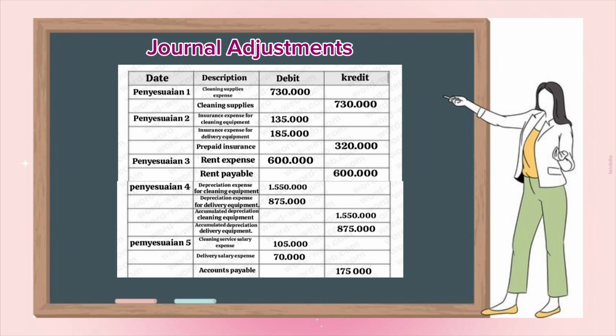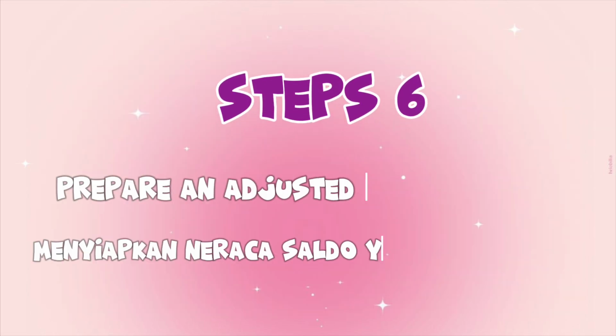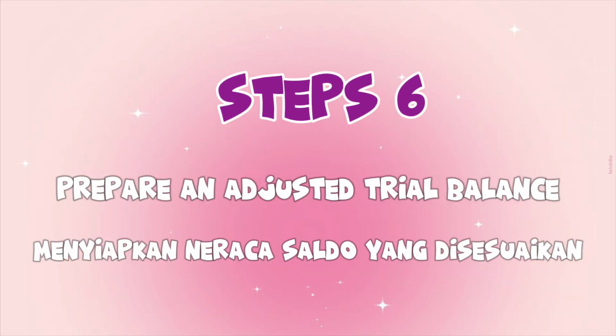Debit insurance expense for cleaning equipment 135. Debit insurance expense for delivery equipment 185. And credit prepaid insurance 320.